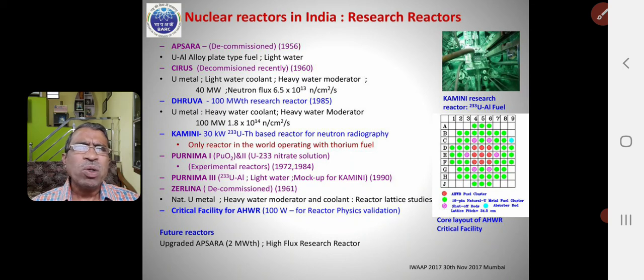Here I have shown the same in another way. Apsara, Cirus, Dhruva, Kamini, Purnima 1, Purnima 2, Zerlina, all the names are given. Once again, how much energy they produce and for what purpose they are used, all the things are given in this slide.